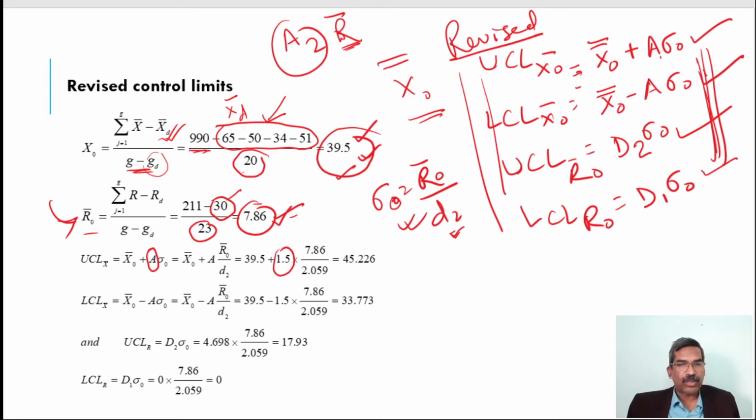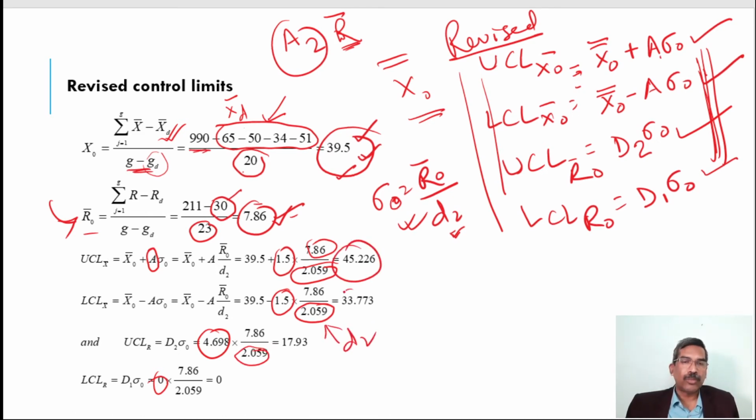Initially it was 0.7 something, because this was A2 not A. Here this is A, and here this is D2, and this is D1, and this value is the revised R bar, and this is the value of small d2, which is taken from the table for n equal to 4. So in this way we can find the upper control limit and lower control limit for the X bar chart, and the upper control limit and lower control limit for the R chart. This is the revised.